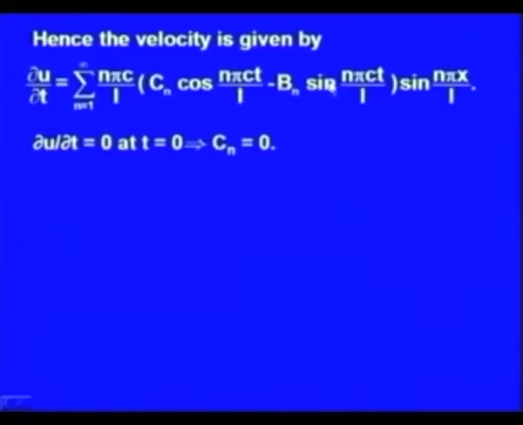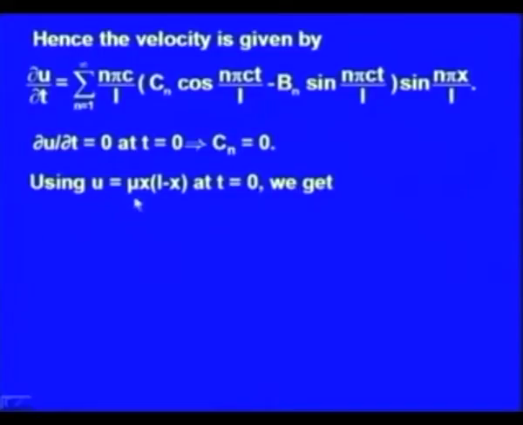If you put t equal to 0 here, these terms vanish, and what we have is delta u over delta t at t equal to 0 as sigma n equal to 1 to infinity of n pi c over L into c n sin n pi x over L. So, since delta u over delta t is 0 at t equal to 0, it follows that c n's are zeros for all values of n 1, 2, 3 and so on.